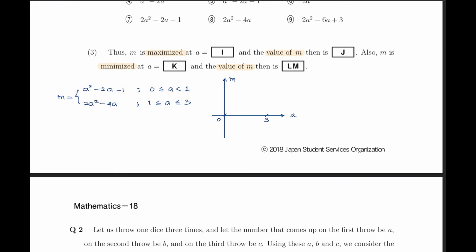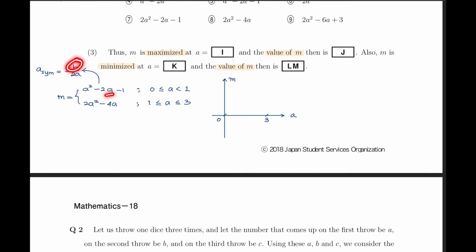From this graph, you can find the axis of symmetry by using negative b over 2a. So from the first one, the axis of symmetry, in this case for a, is negative b over 2a. b is 2, a is 1.